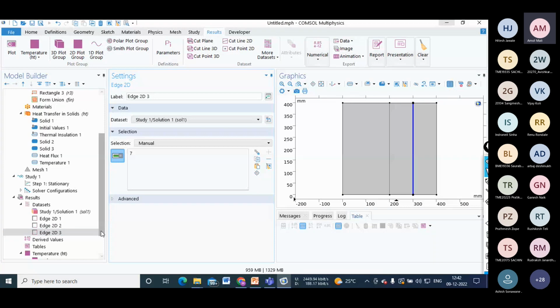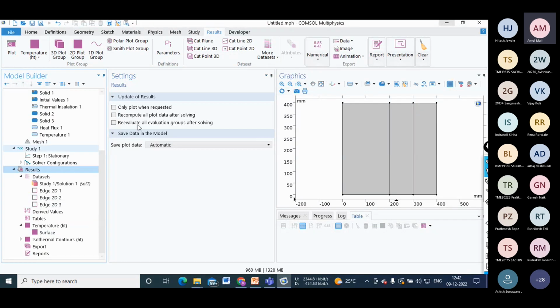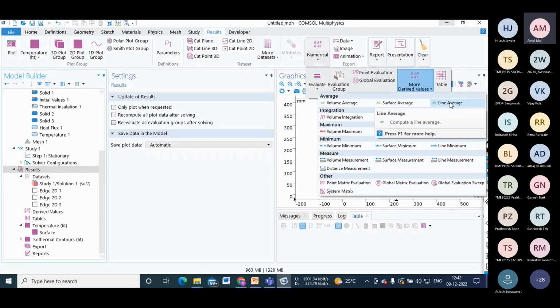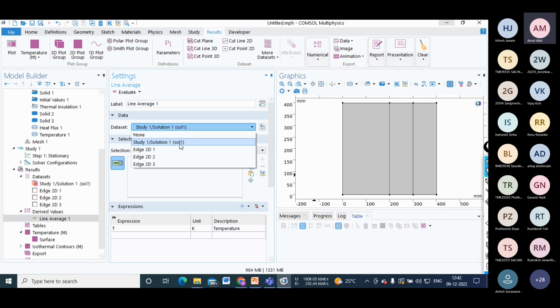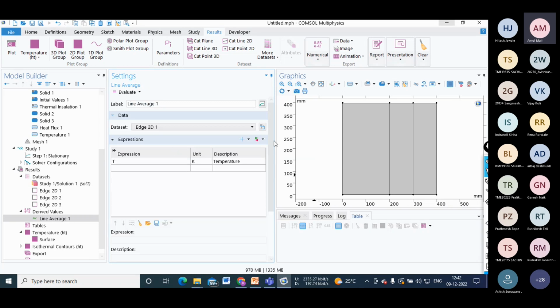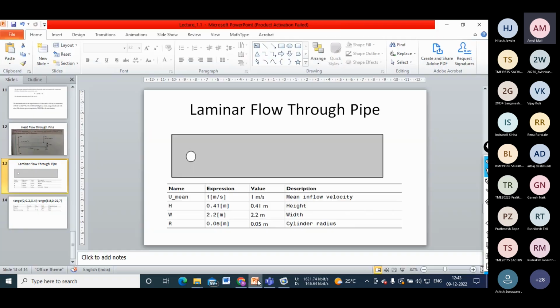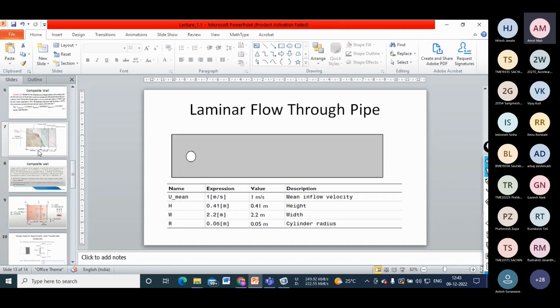Okay, now what I will do, I will select more derived values or line average. Okay, so here you can see first I will select the edge 2D1 or this first edge. How much is the temperature? Actually the gas temperature we have provided. How much is the gas temperature?